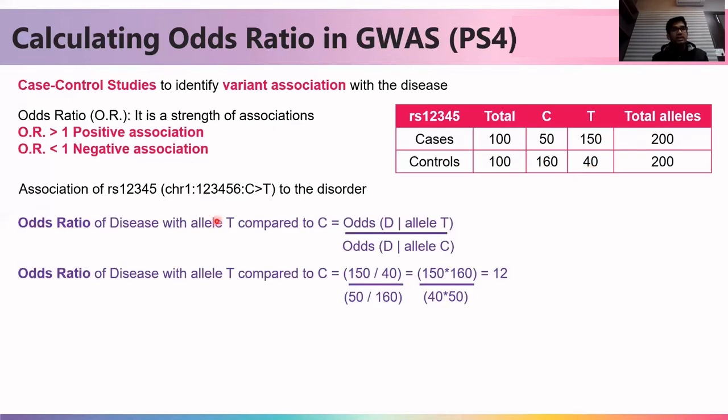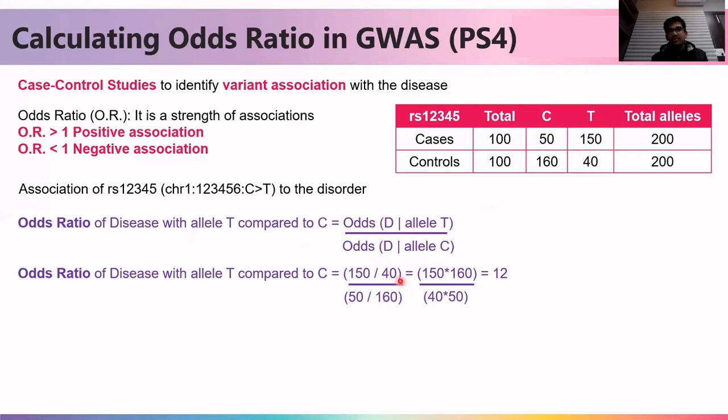So, for calculating the odds ratio of disease, if the allele T is present in comparison to C, we will take the odds of disease when allele T is present divided by the odds of disease when allele C is present. So in this, for the odds of having the disease, we'll take all the alleles of T in the cases, that is 150, and divide it by the controls.